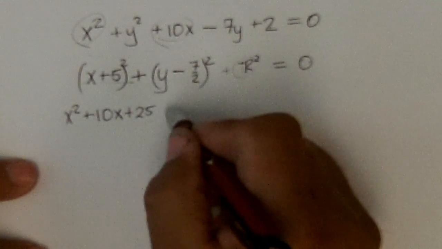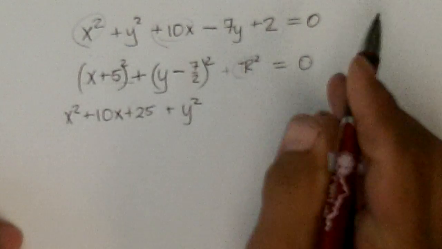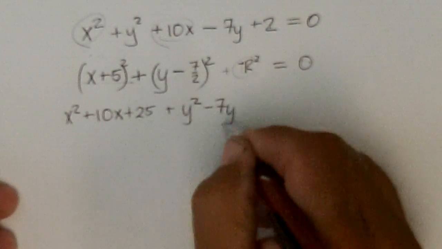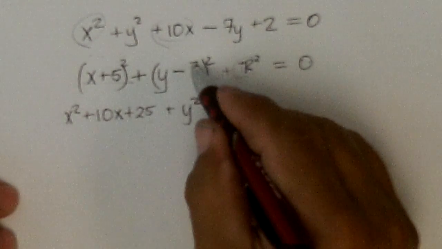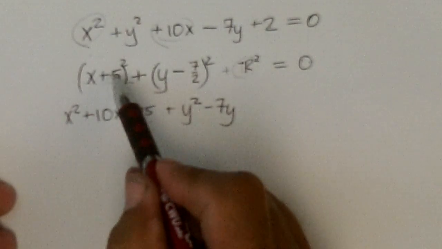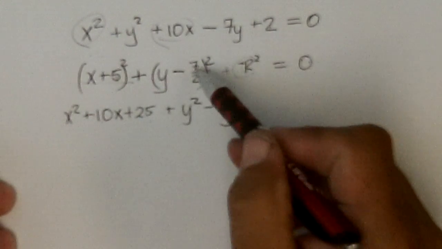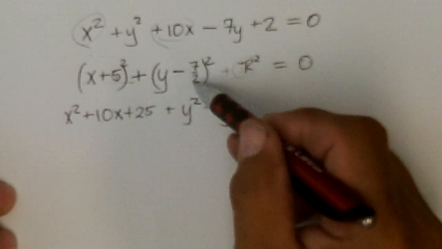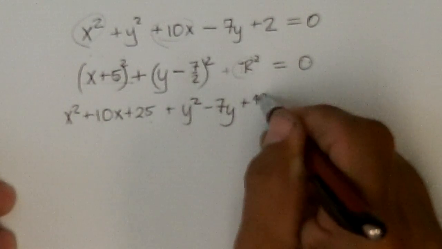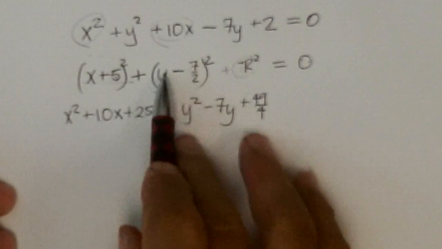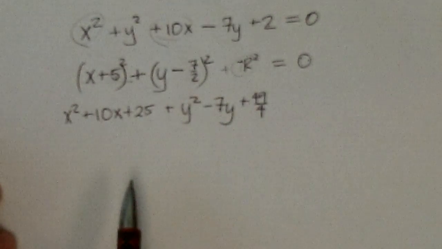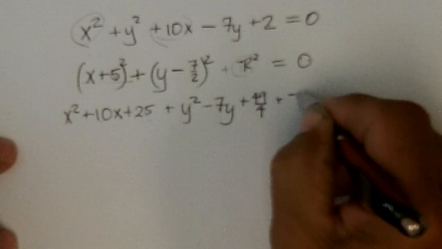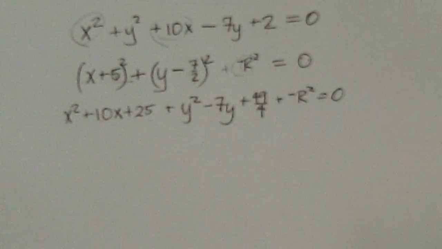And this multiplied out is going to be y squared minus 7y, and it's 2 of those, 2 times 3.5 is 7, and then that squared is 49/4, plus 49/4. Go ahead and take your time to multiply that out, slowly FOILing if you're having trouble seeing how I got that. Plus a negative r squared is 0.